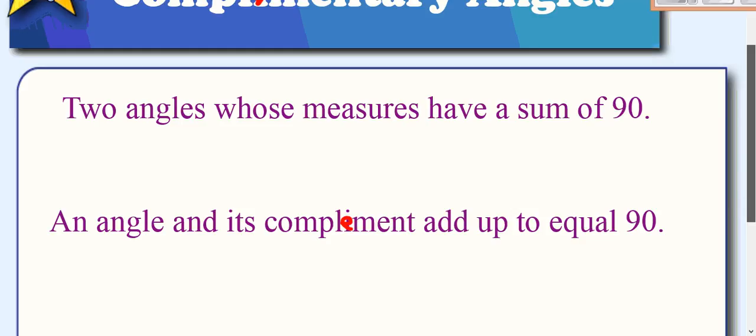So there's just a spelling error there. That's why I say it. It's complementary. That means they had to be 90. They sound the same though. So complement means they had to be 90.